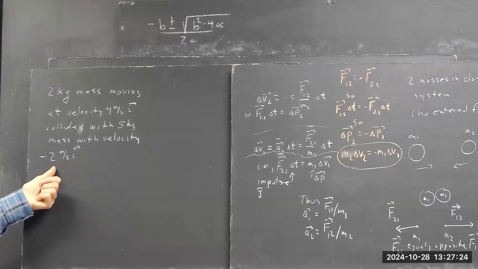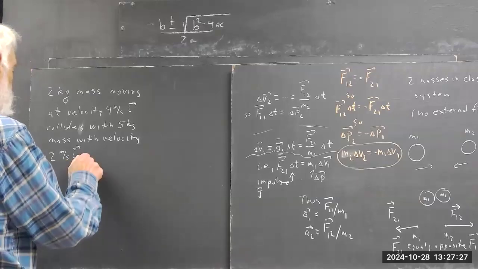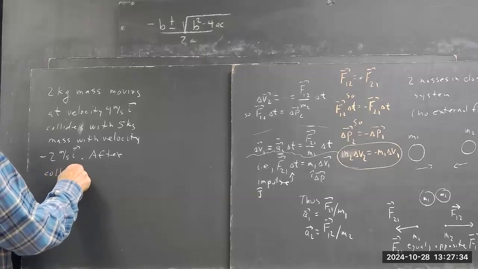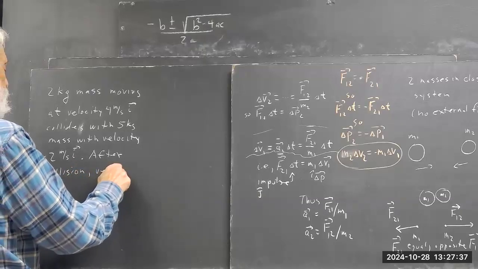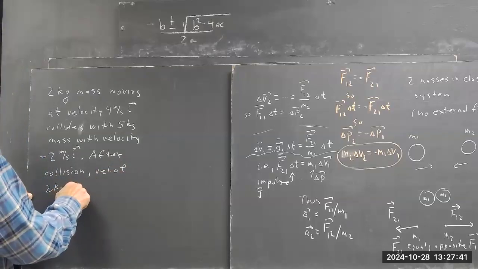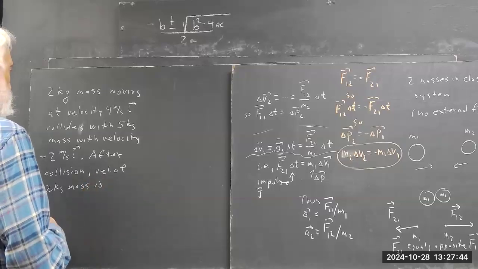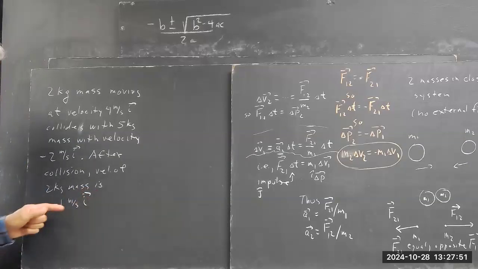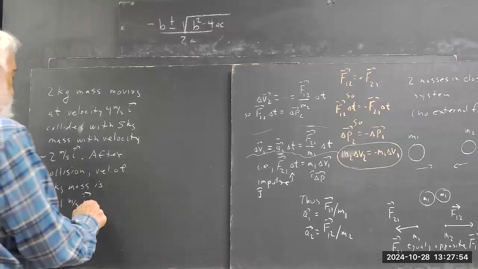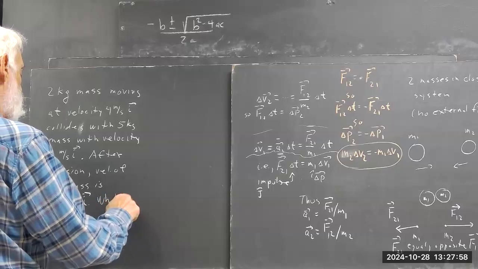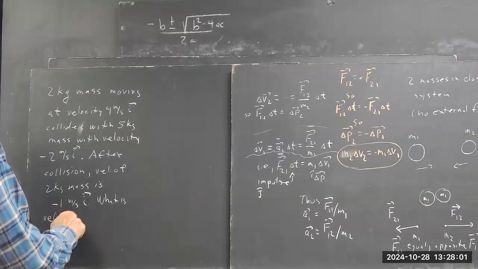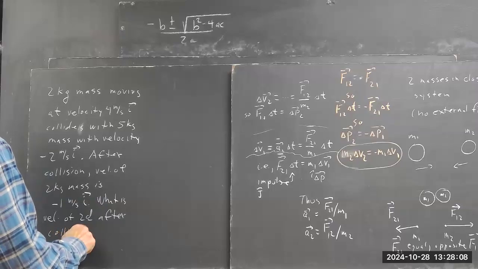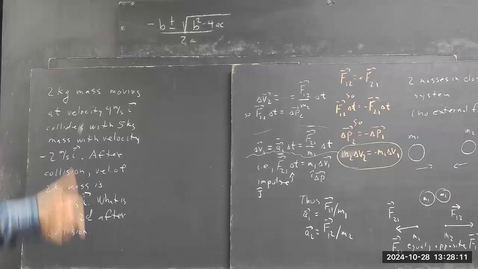Collides with a 5 kilogram mass whose velocity is negative 2 meters per second times I. And after collision, negative 1 meter per second times I. I asked, what's the velocity of the second mass after collision?